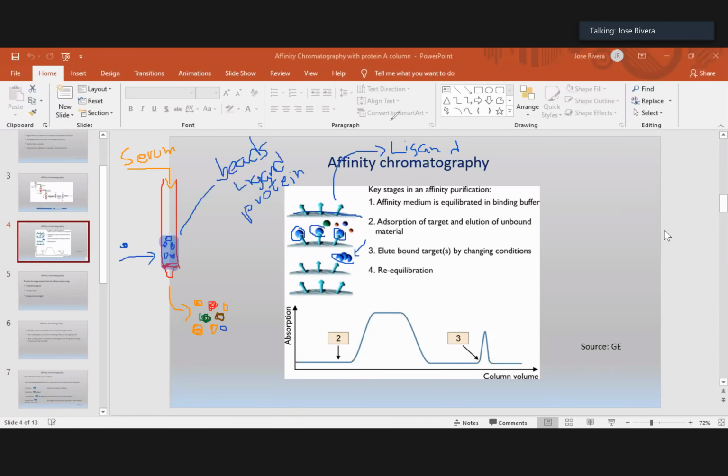What they show you in this graph is that you can follow this using a device that measures absorbance. If you remember from biochemistry, proteins have amino acids that have absorbance, right? Something like phenylalanine.